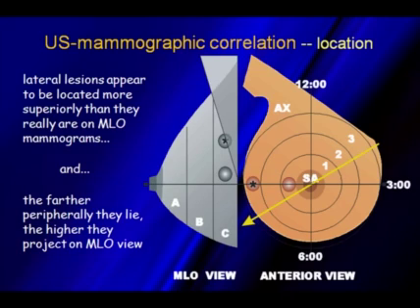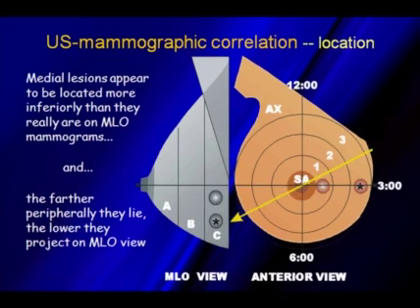When we look at the correlations of mammography and sonography, lateral lesions appear to be located more superiorly than they really are on the MLO projection of the mammogram. And the more peripherally that they lie, the higher they're going to project on your MLO view. Just the opposite is true for medial lesions. They're going to appear to be located more inferiorly than they really are in the MLO, and the more peripherally they are, the lower that they will be.